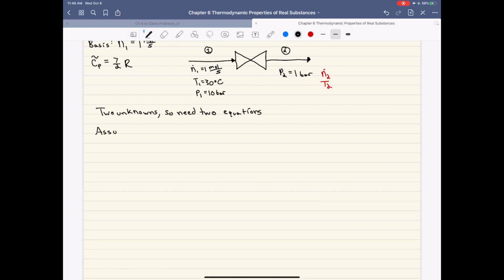For our analysis, we're going to make a couple of assumptions. First, the problem statement told us that this is a steady state system, so we'll assume steady state. We'll ignore any changes in kinetic and potential energy.